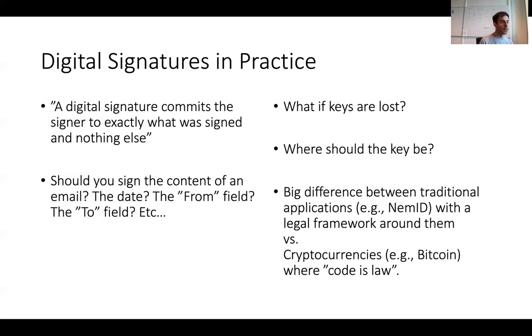Another example, which I also invite you to reflect on in the book, is what happens when you sign a ciphertext. If I receive a signed ciphertext, can I be sure that the sender knows the content of this ciphertext?